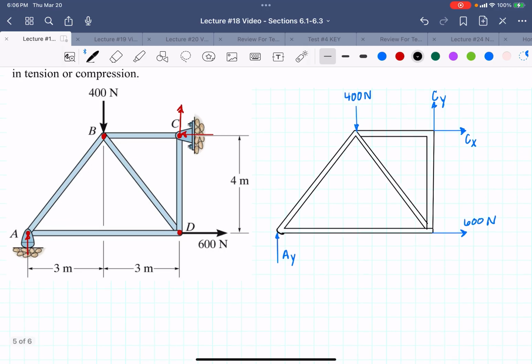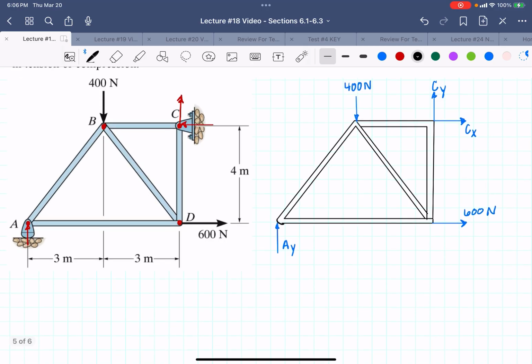So I'm going to use the moment equation where I have the most forces. I'm going to say that counterclockwise is positive, and I'm going to sum the moments about C. Since there are 2 forces there that I don't know, I'm going to choose that as my joint.